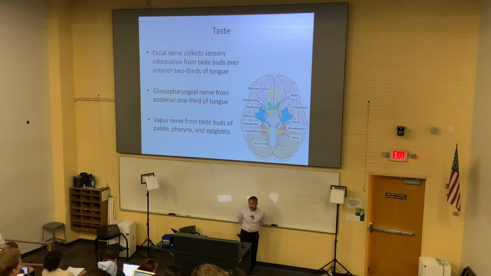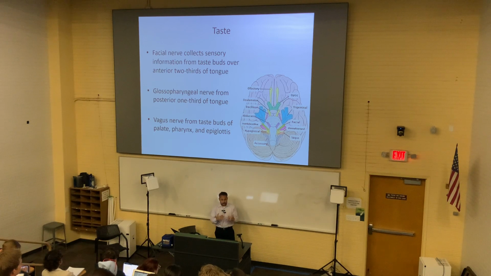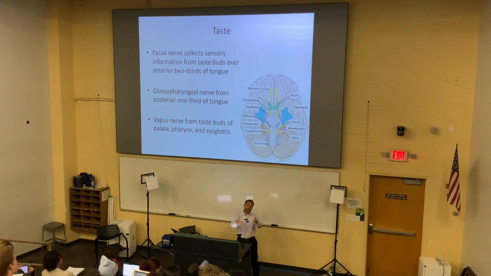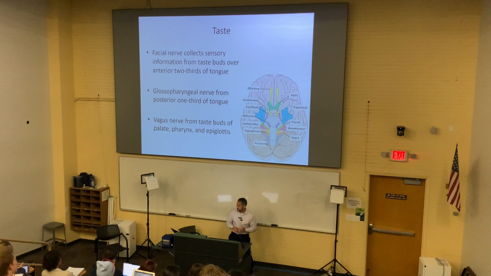The glossopharyngeal nerve covers the posterior or the back 1/3 of the tongue. That's cranial nerve 9. And then the vagus, cranial nerve 10, taste buds from basically everywhere else: palate, pharynx, and epiglottis. And this is how you're getting your information about taste, through these cranial nerves that go straight to the brain.